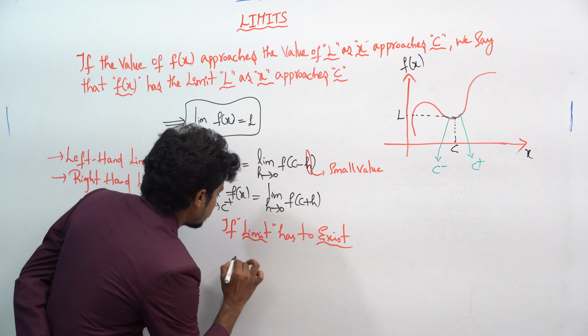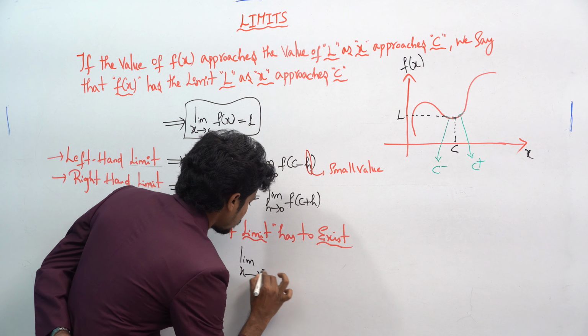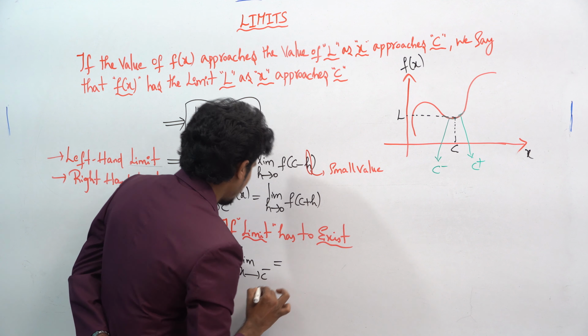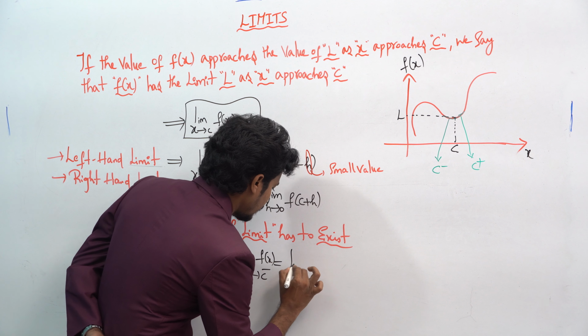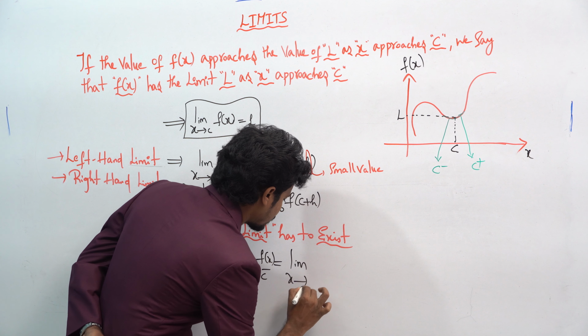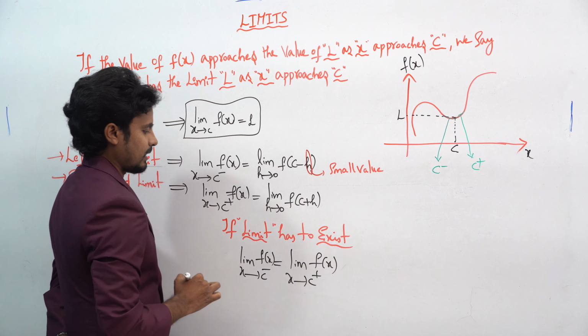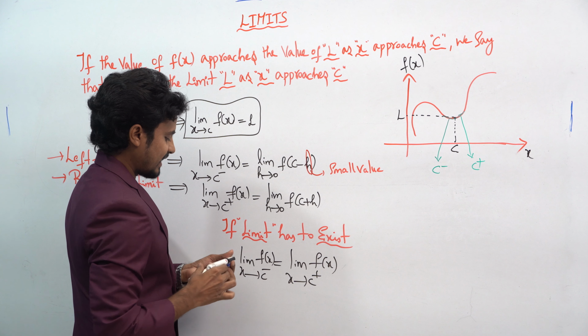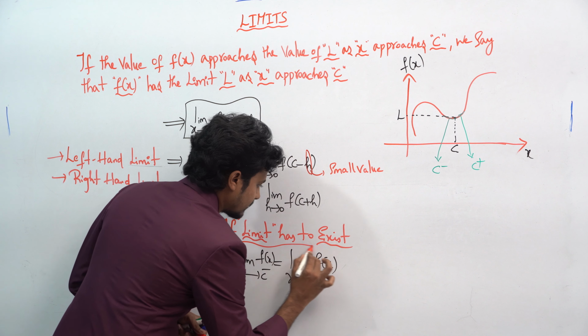So here you can see limit x tends to C minus f of x is equal to limit x tends to C plus f of x. Whenever this condition is satisfied, then only our limit exists.